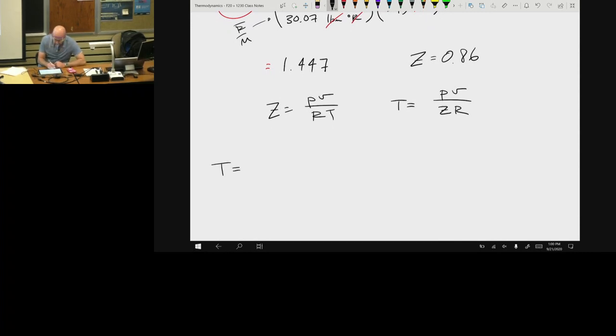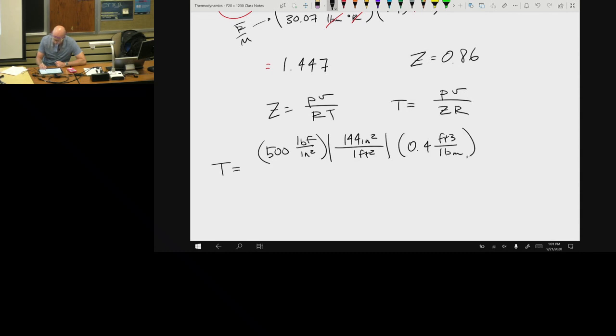My pressure was 500 pounds force per inch squared. I know I'm going to have to convert my inches squared, so I'm going to go ahead and do it. 144 inches squared is in 1 foot squared. My specific volume they gave me was 0.4 cubic feet per pound mass.